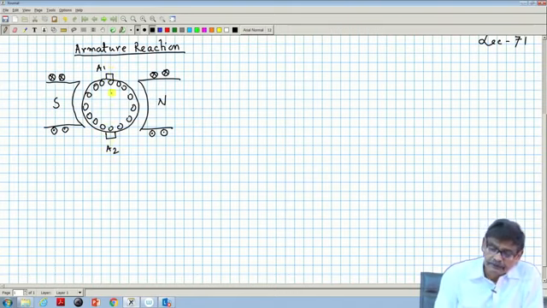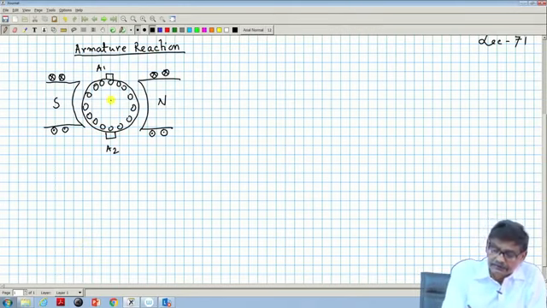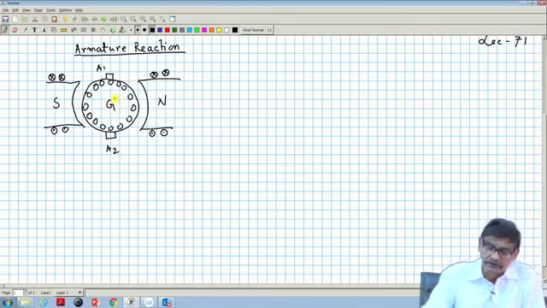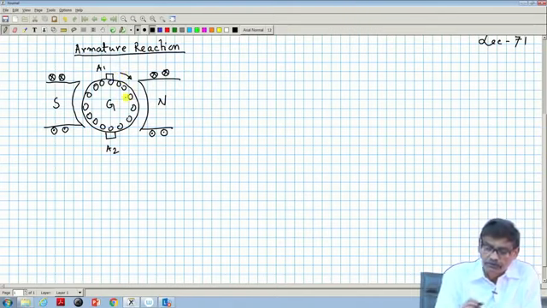Now, suppose it is operating as a generator, and the direction of rotation of the armature with the help of a prime mover is clockwise.